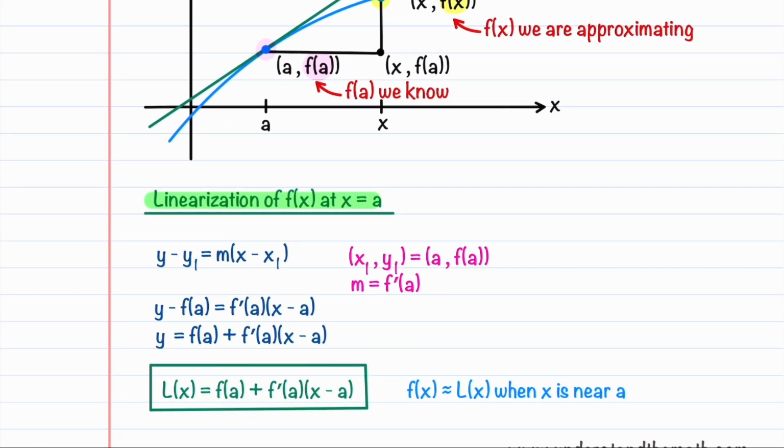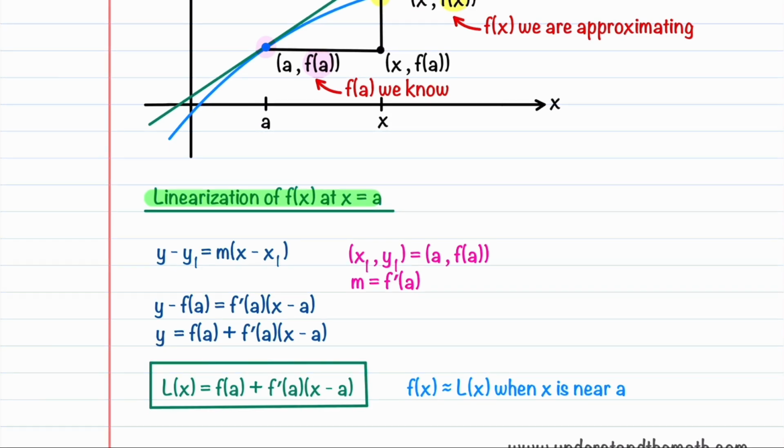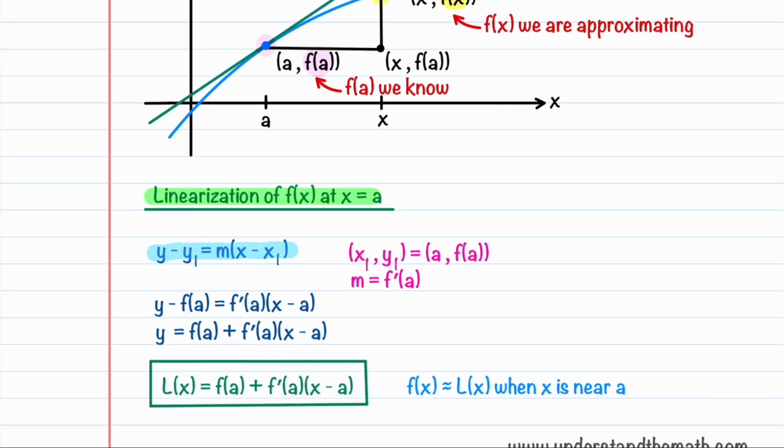The equation of our tangent line can be written as y minus y1 equals the slope m times x minus x1. x1, y1 is then just the point a, f of a, and our slope m is the derivative of the function at the point x equals a.